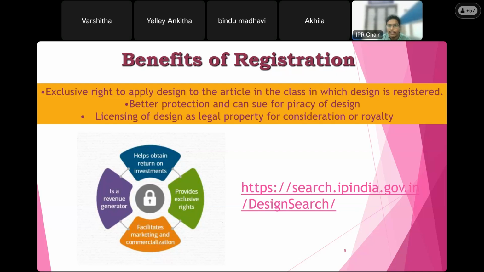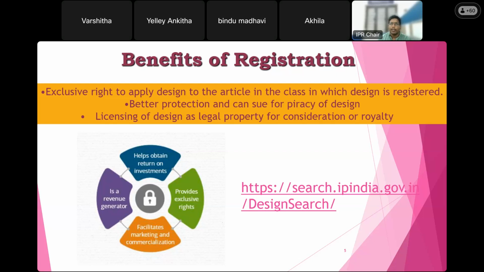While registering your design, there are several classes. Based on your ornament or your article, it has been divided into different classes, and the classes are again divided into subclasses. This kind of classification follows the Locarno classification. For example, if you want to protect the design of a sofa, the sofa belongs to a specific class, and under that class there are some subclasses.